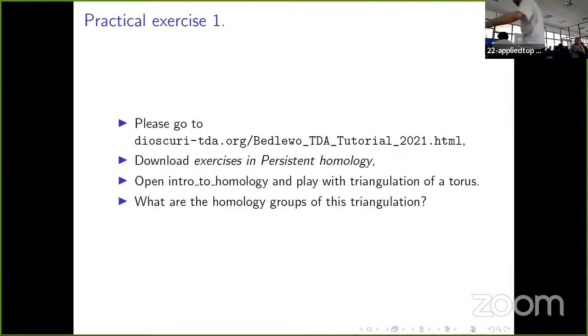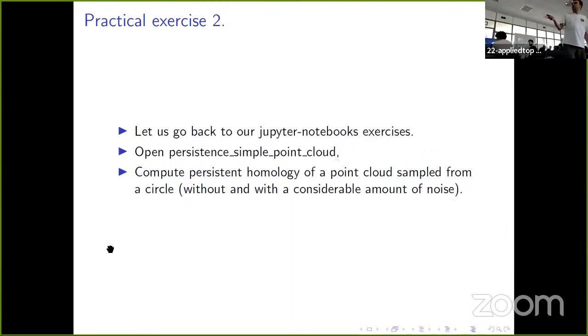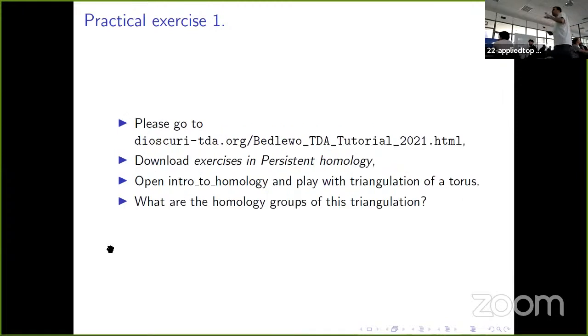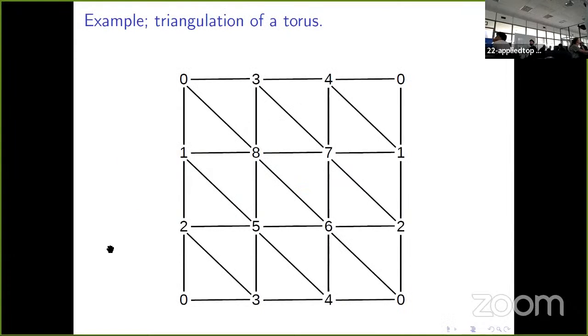Let's carry on. So what we did, there was no filtration. We just told the computer, here is the list of my triangles, right? And we took the triangles roughly from there.